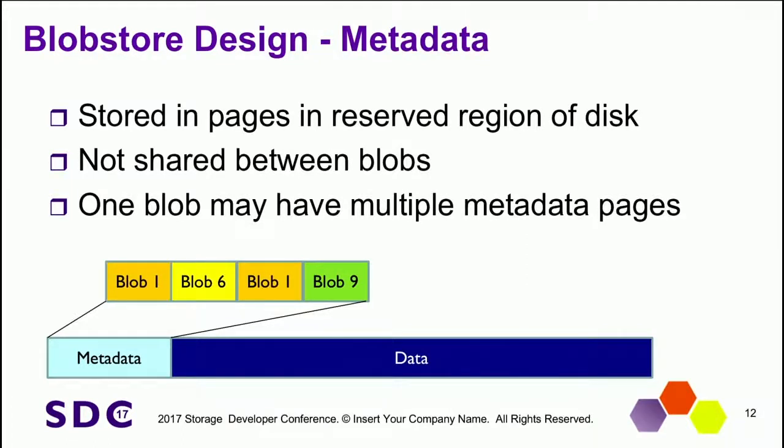The only identifier between an application and the Blobstore of any blob is an ID number, which happens to be an offset into the metadata of where that blob's metadata is. So that's all you get. So we'll see when we talk about how we bolted into RocksDB, how we use XAdders in that case to store file names, so that the application can use something that it knows.